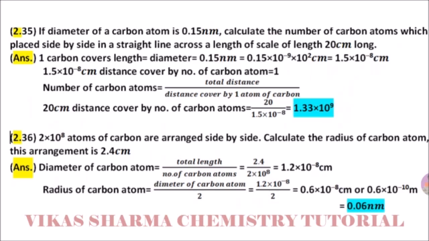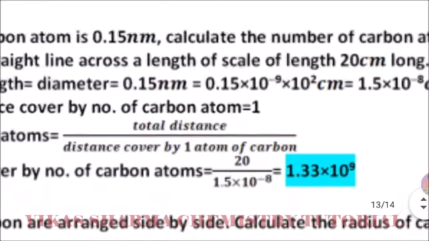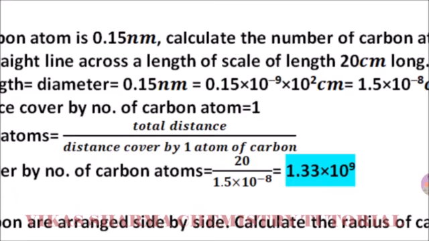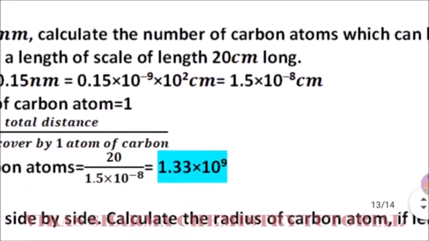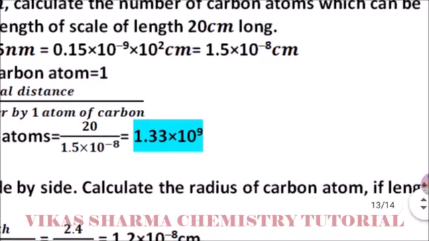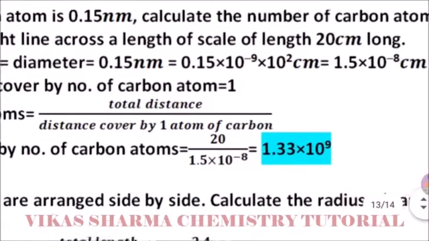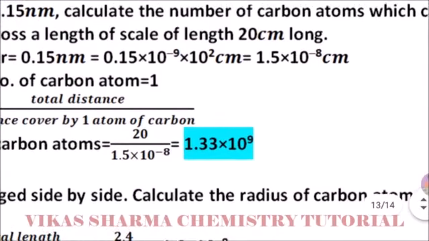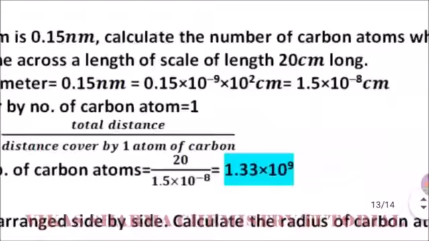So a carbon atom covers a length equal to its diameter, which is 0.15 nanometer. We convert this value into 0.15 into 10 to the power minus 9 and 10 to the power 2 centimeter, because the length is given in centimeter. So it is equal to 1.5 into 10 to the power minus 8 centimeter.